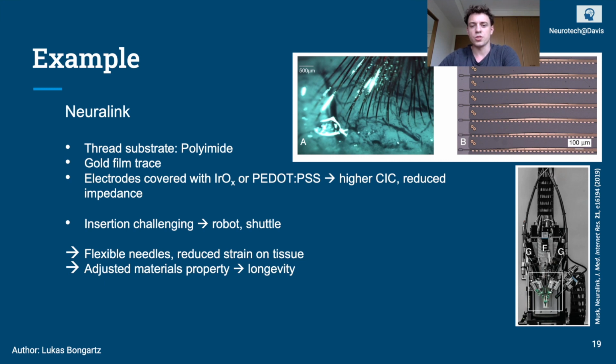One point that should also be underlined is that there is obviously a certain difficulty when you try to insert a thread that is moving and flexible. So what the Neuralink team did was to develop a robot system, which you see here, with a shuttle that held the thread during the insertion, but which was then removed after it was placed in the brain successfully.